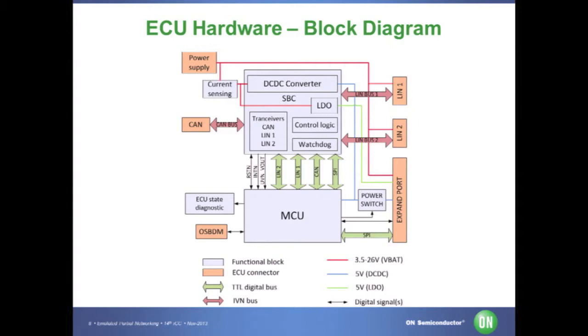System basis chips as such, especially if they include the power management, naturally help to increase the efficiency. But now we also have the DC-DC converter, so it's even better.